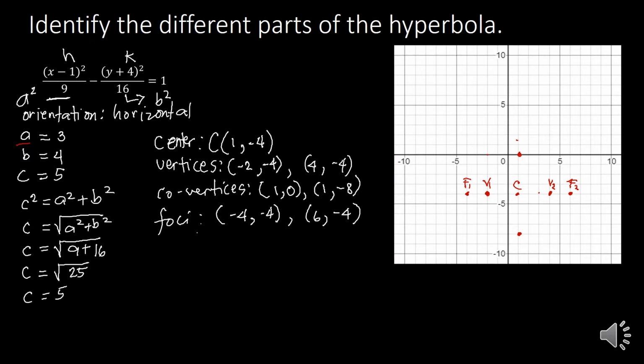So this will be a line passing through our vertex 1, and I will also be drawing a broken line here passing through our covertex, and another line passing through our other vertex, and another line passing through our other covertex. So that is our reference rectangle. Now, out from the reference rectangle, we will be drawing broken lines for the diagonals.